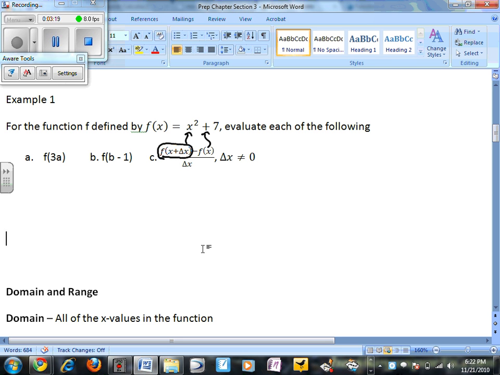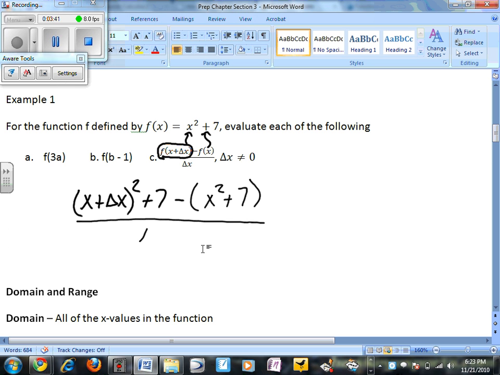So for c, f of x plus change of x would be x plus change of x squared plus 7 minus our f of x, which is minus x squared plus 7, all over change of x.